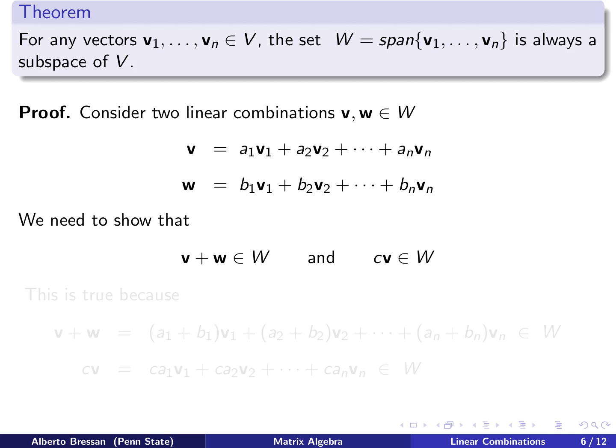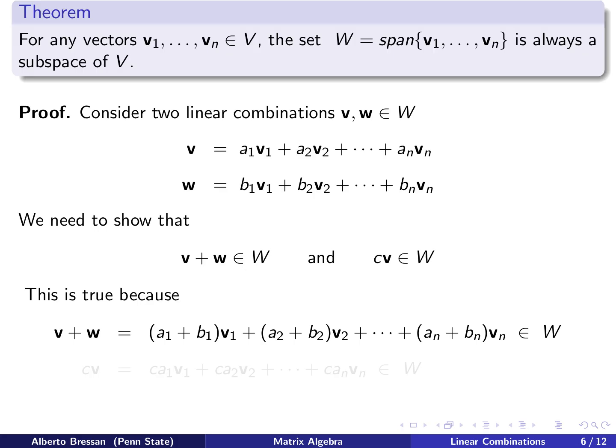That is, we need to show two things. We need to show that V plus W is in W, and we need to show that C times V is in W. Okay, let's verify the first property here. So what's V plus W?